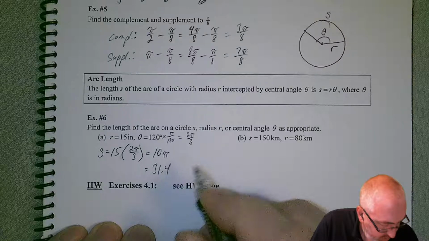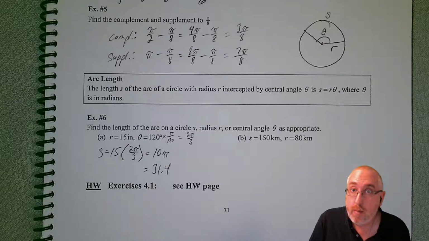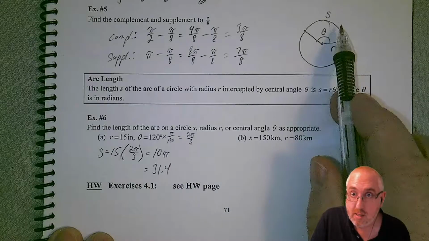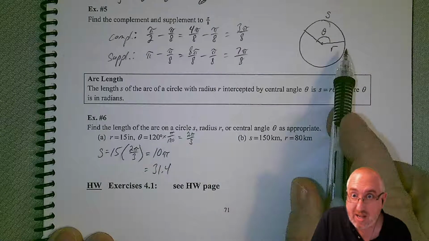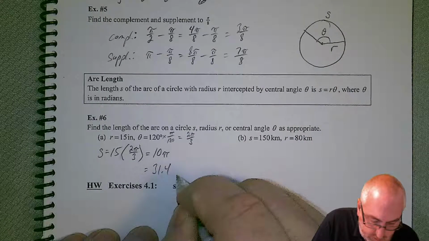All right, so 31.4, and now what are the units for this? It's an arc length. It's a length. How long is this? If we know the radius is 15 inches, then the units better be the same thing. So our arc should be 31.4 inches.